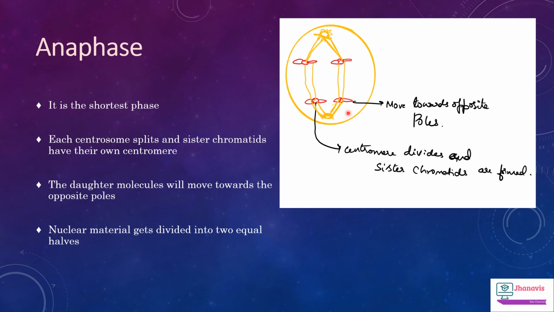The main important change which takes place in the anaphase is that the chromosomes move towards the opposite poles, and it is the shortest phase, and the nuclear material gets divided into two equal halves. This one goes to one daughter cell and this one will be separated to another daughter cell when cytokinesis takes place.